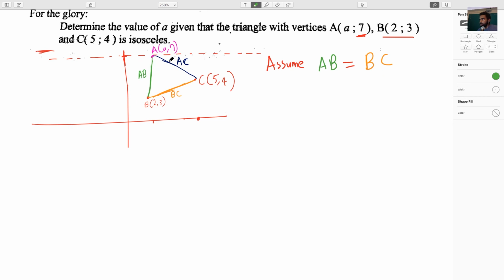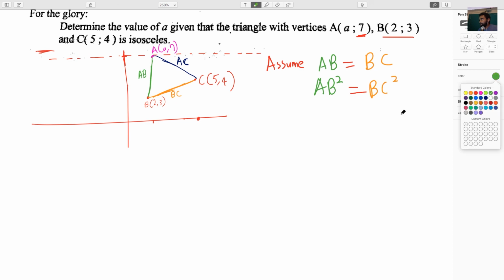How do we do it? We just use the distance formula. We subtract the x's, we square them, and that plus the subtraction of the y's squared will give you AB squared. So it'll help us now if we write that AB squared is therefore also going to be equal to BC squared.